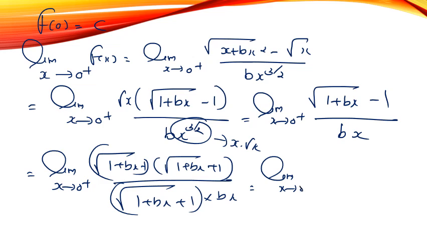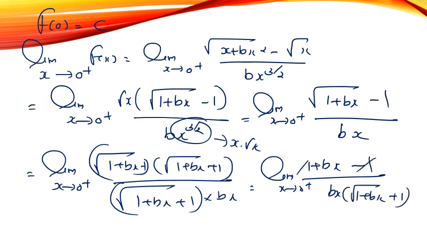So limit x tends to 0 plus 1 plus bx minus 1 by bx into root of 1 plus bx plus 1. Minus 1 and plus 1 cancel, bx cancels. Now if you put the limit as x tends to 0, this will be root of 1 plus 0 plus 1, that is 1 by 2.